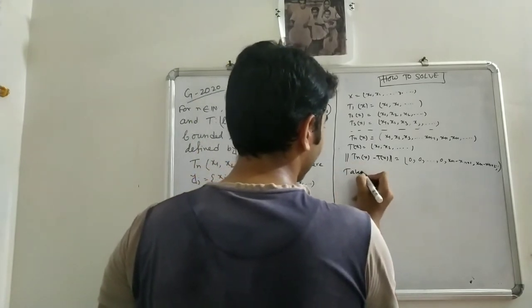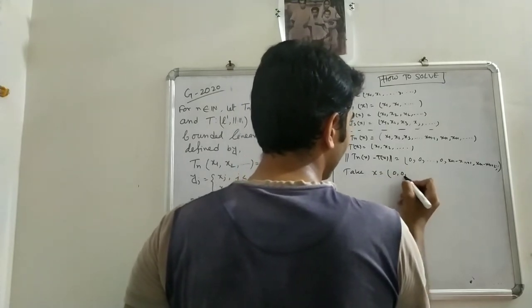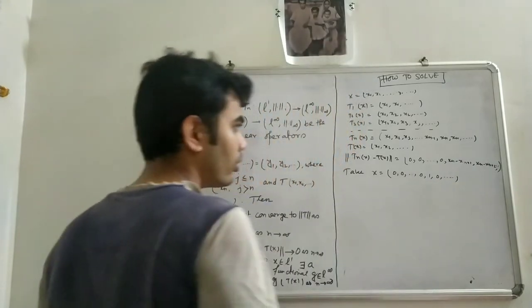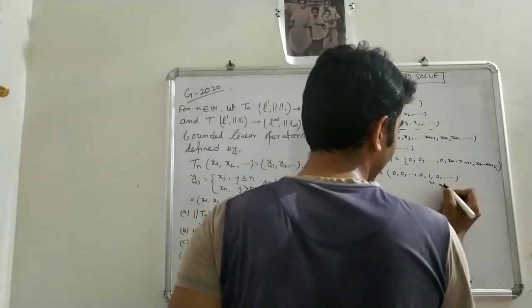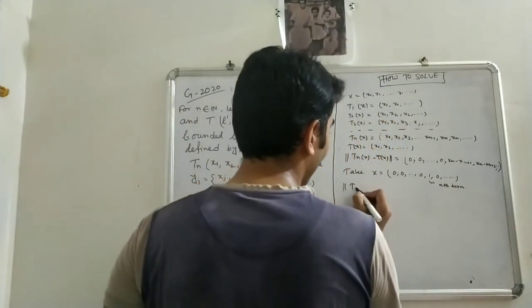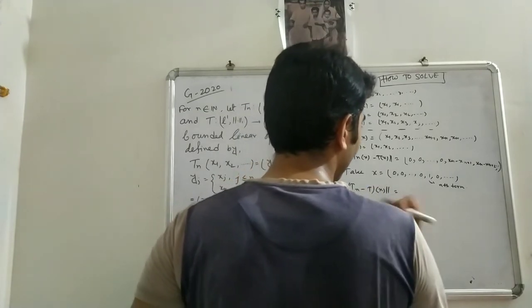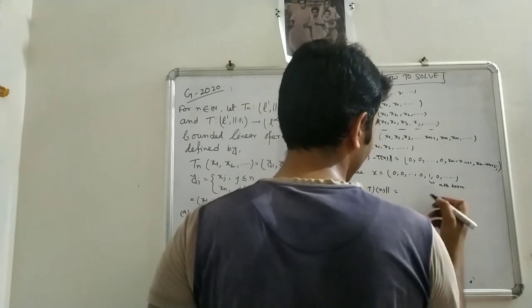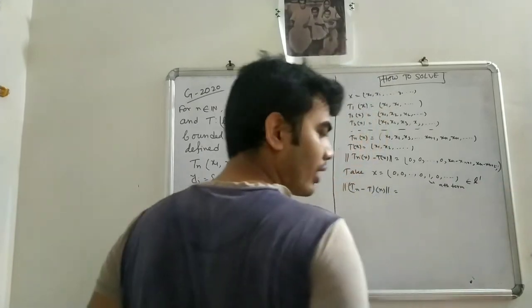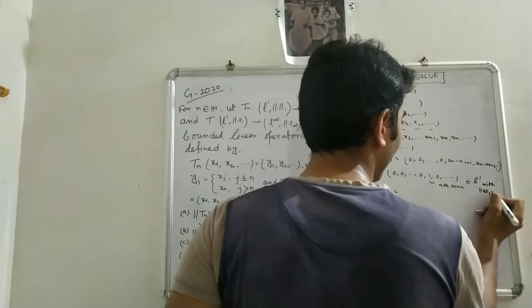Take x equal to 0, 0, 0, 1, 0 and so on, so this is your nth term. Then x also belongs to L1 with norm of x1 equal to 1.